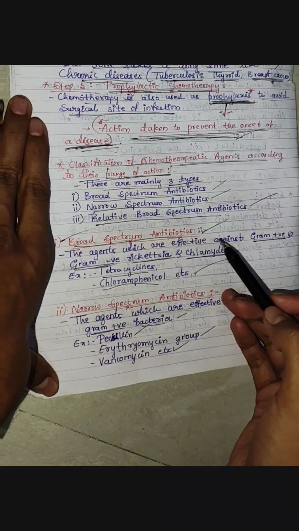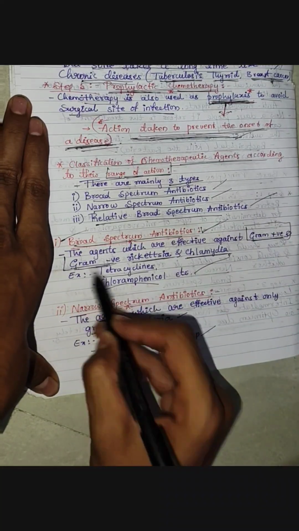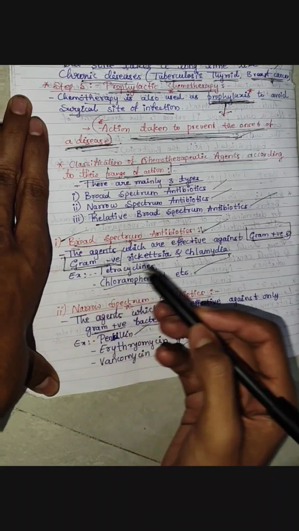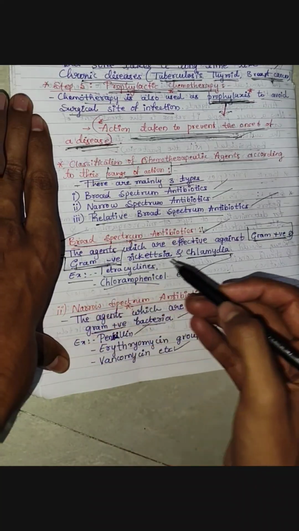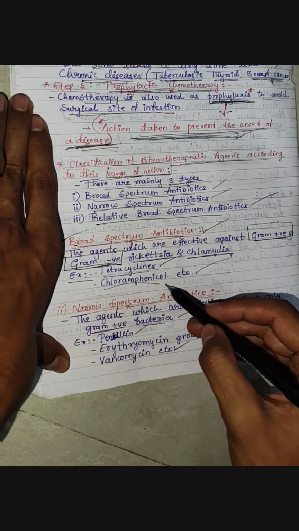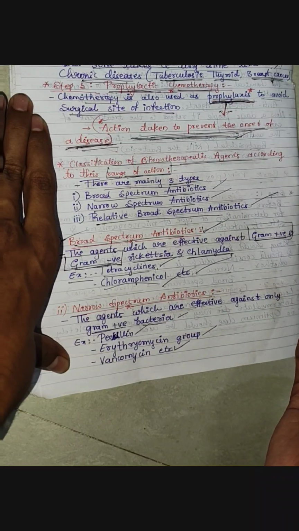The broad spectrum antibiotics will act on gram positive and gram negative tissues in our body, and examples of broad spectrum are tetracycline and ampicillin.